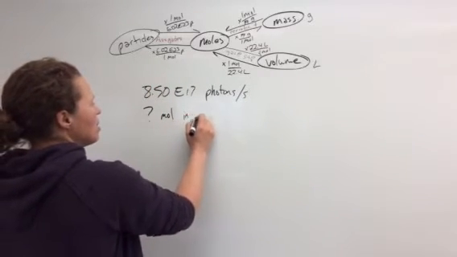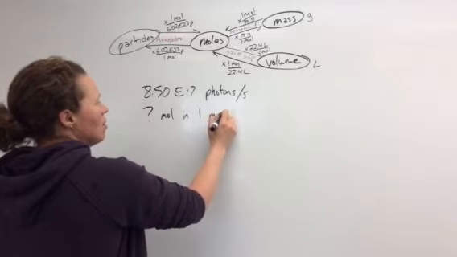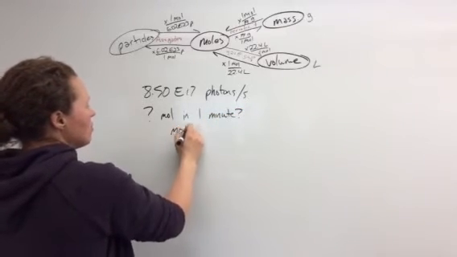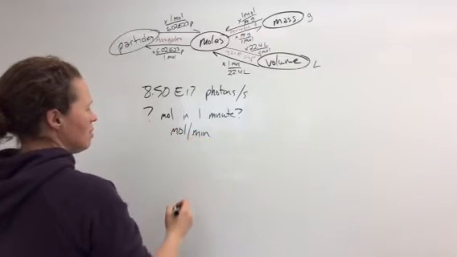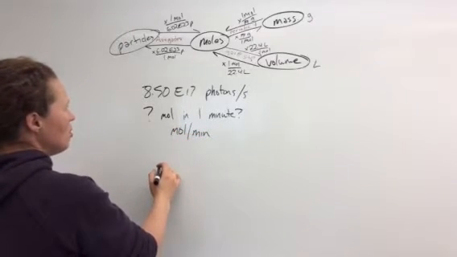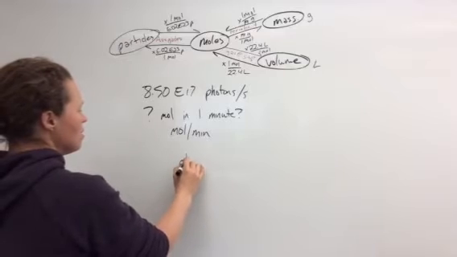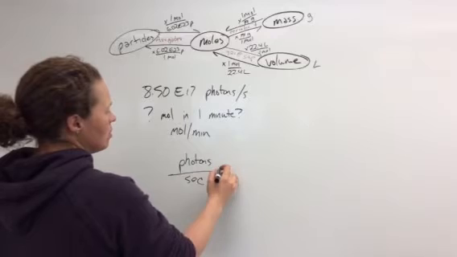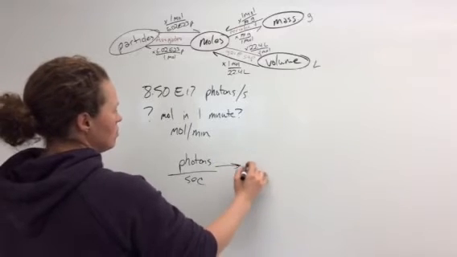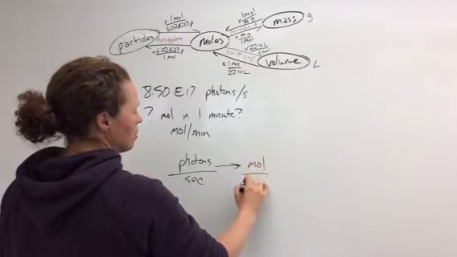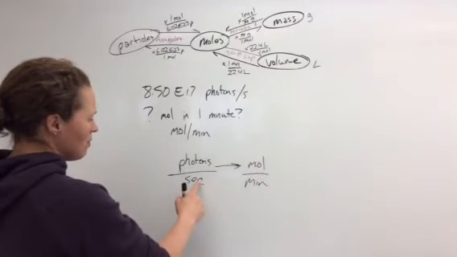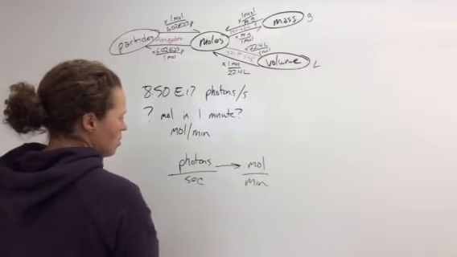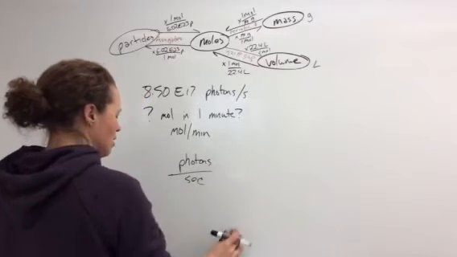So how many moles in 1 minute? So basically that's moles per minute, which means I'm going to be going from photons per second to moles per minute, which means I have to convert seconds to minutes, and I have to convert photons to moles. So let's get that set up.